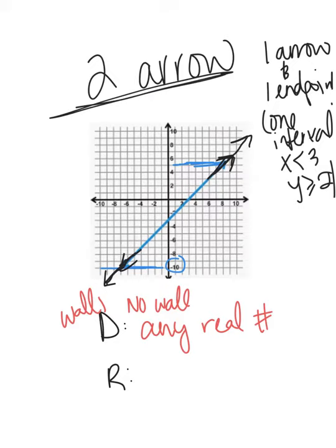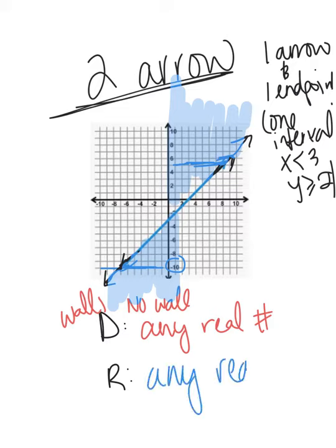So this is going to continue to go up and continue to go down. So for the y-axis, it's going to continue to increase. And so it'll continue to go up the y-axis. And this is going to continue to decrease. So this is going to continue to go down the y-axis. So also the range is any real number.